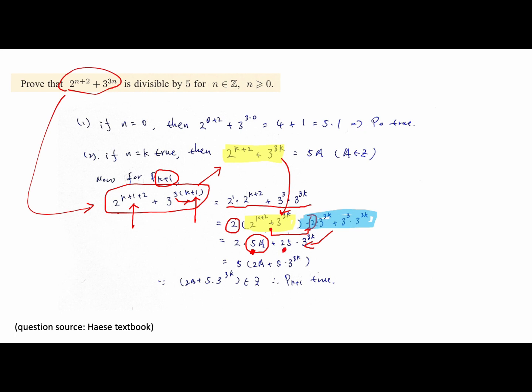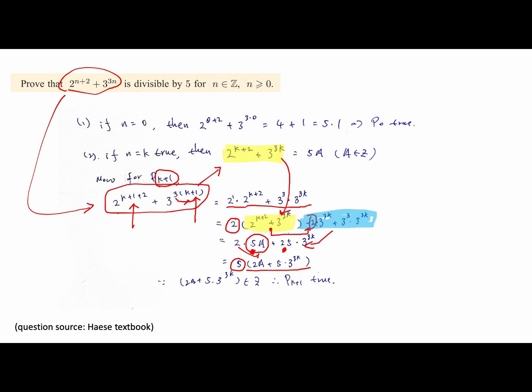So 5 times by 5 is 25. Now, we factorize this common factor 5, and then use a bracket to include the 2i and the 5 times by 3 to the power of 3k.